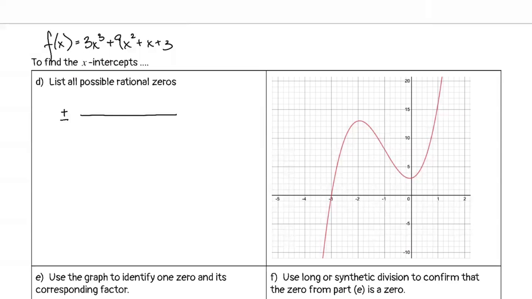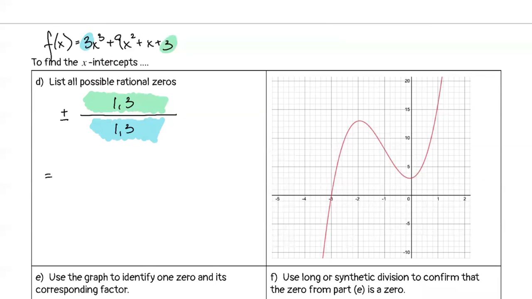What are the factors of the constant? 1 and 3. Good. And what about the factors of the leading coefficient? Same, because our leading coefficient happens to be the same number.